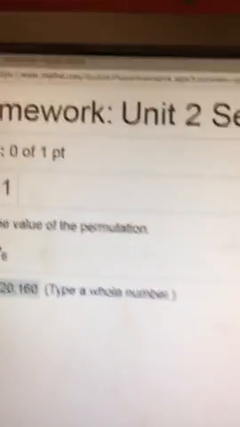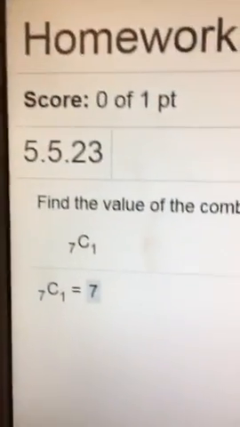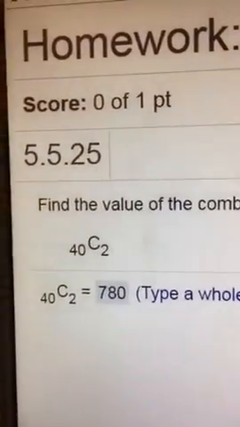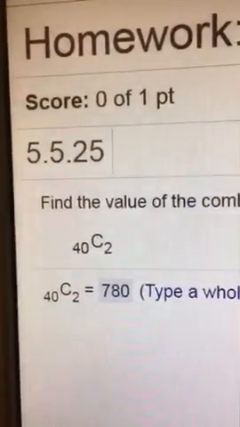Now, another problem we have in our homework is combinations. Problem number 9, we have 40C2. What that means is we have 40 to select from, and we're going to select 2, but in this case, order does not matter.